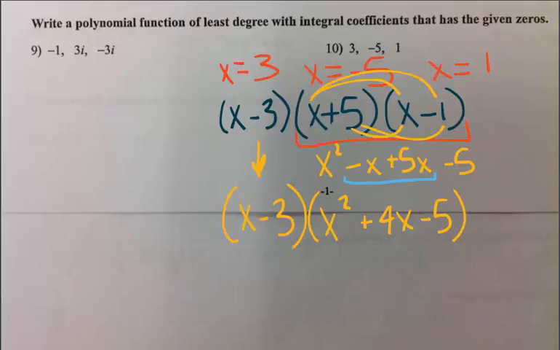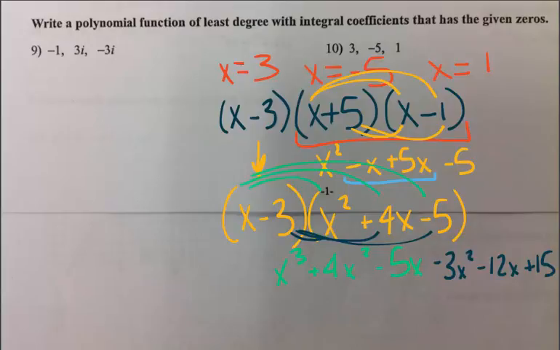It's a little bit different than just FOILing when you have 2 terms times 3 terms. That just means this x has to go to all 3 pieces, and we get x cubed plus 4x squared minus 5x. And this negative 3 has to go to all pieces. Negative 3x squared minus 12x plus 15.